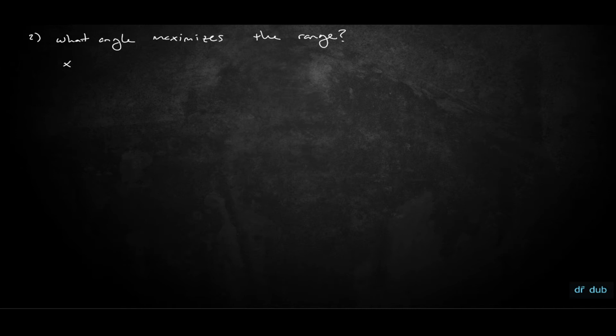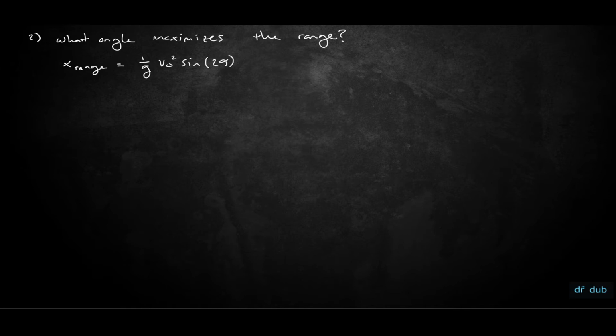So question 2, what angle maximizes the range? The x range we already know is 1 over g v0 squared times sine of 2 alpha. Let's say v0 is fixed and we're just changing the sine, basically. That's the only thing that could change.